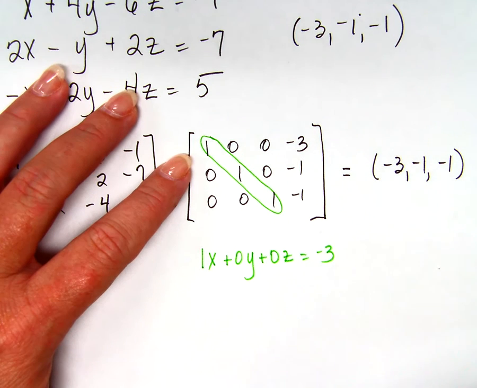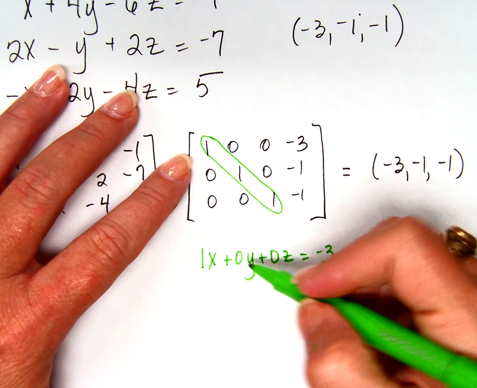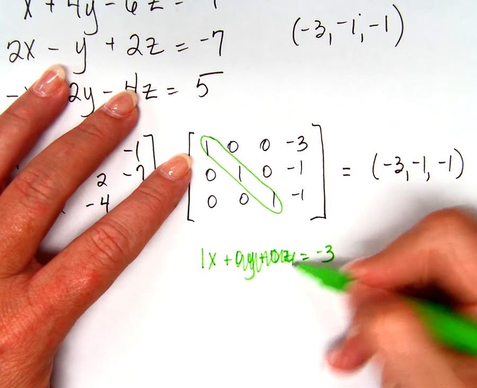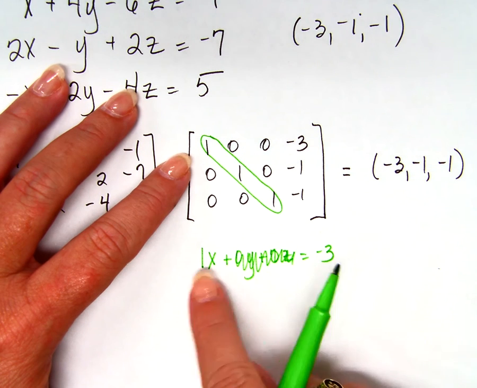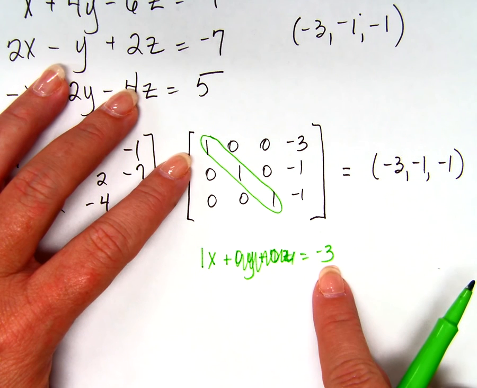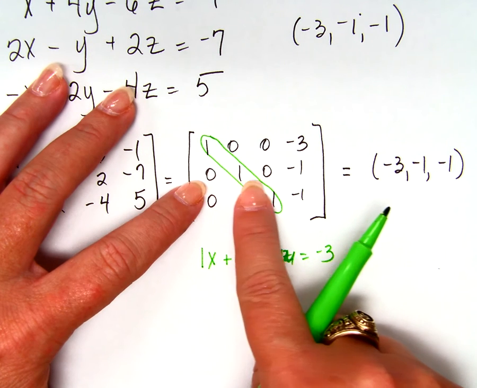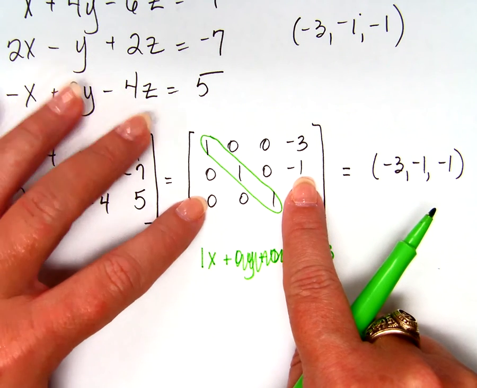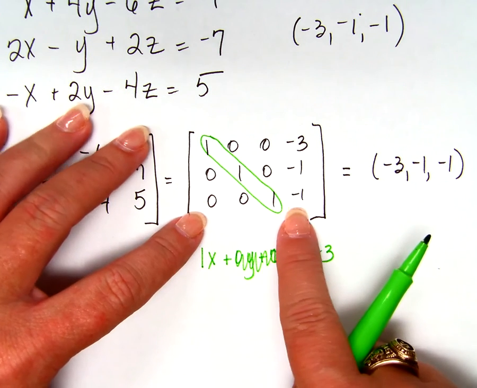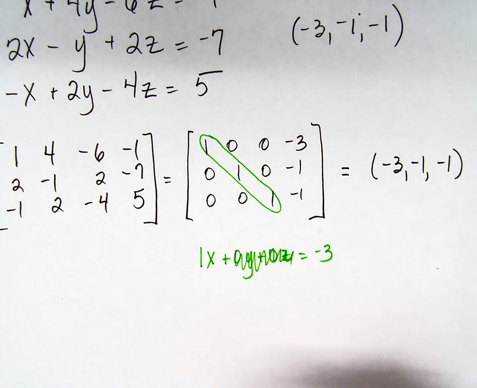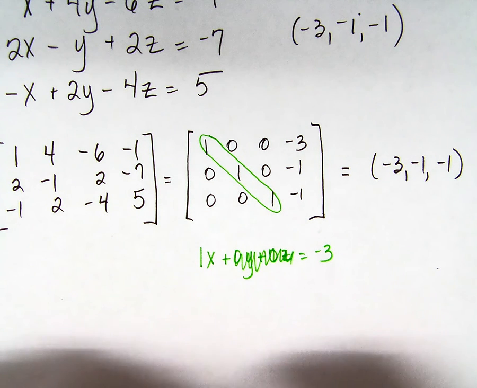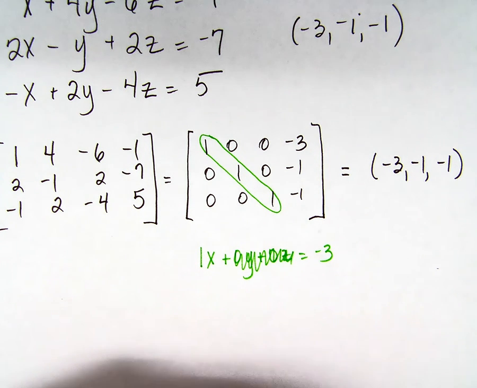Wouldn't that transfer back that way? And 0y and 0z is just 0, right? So isn't this saying x equals -3? Do you understand? So what is this saying? Y equals -1 and z equals -1. Does everybody understand that? Okay.